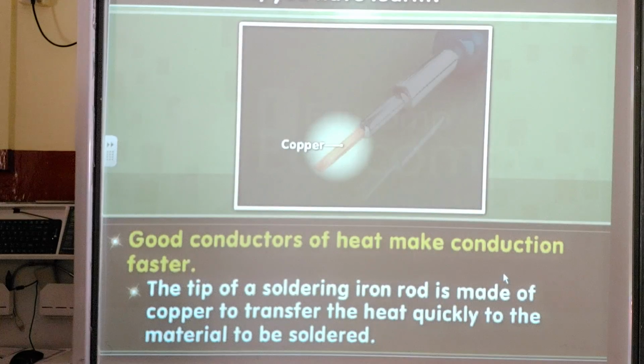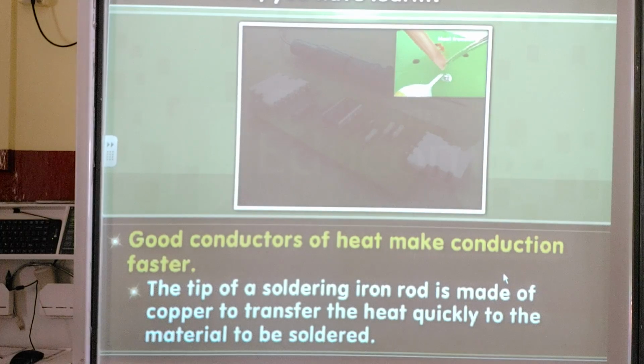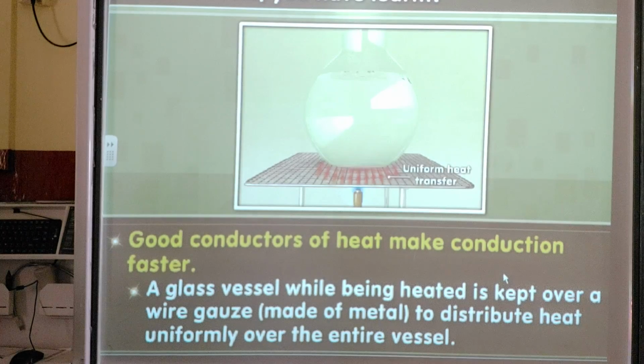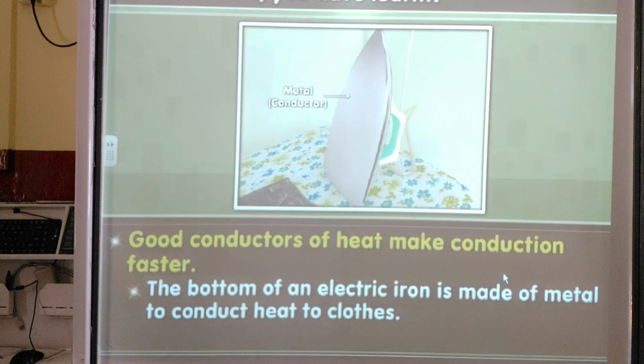The tip of a soldering iron rod is made of copper to transfer the heat quickly to the material to be soldered. A glass vessel, while being heated, is kept over a fire gauze made of metal to distribute heat uniformly over the entire vessel. The bottom of an electric iron is made of metal to conduct heat to clothes.